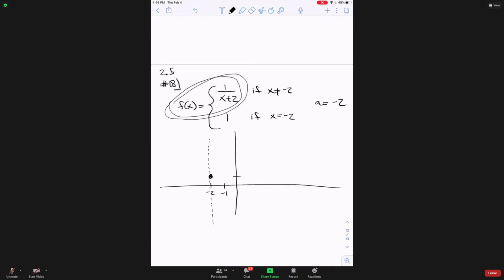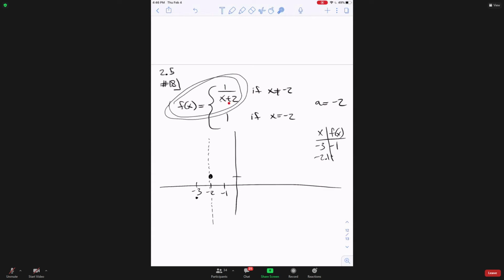Now, you make a little table, and when you do, you'll realize how the rest of the graph looks. If I plug in -3, 1 over -3 plus 2 is 1 over -1, which gives me -1. So at -3, I get -1. If I plug in -2.1 for x, -2.1 plus 2 gives me -0.1.